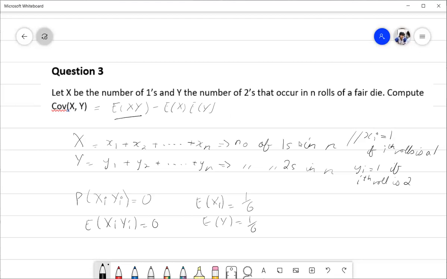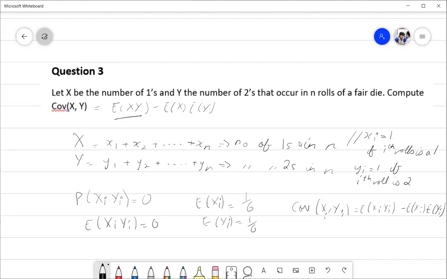Just my bad, this is Xi, because this is for one die, right? For any one roll of that die, what is the probability I can get as XiYi, right? So first I'm going to denote this as XiYi, and then I'm going to convert this into n. So E[XiYi] minus E[Xi]E[Yi].